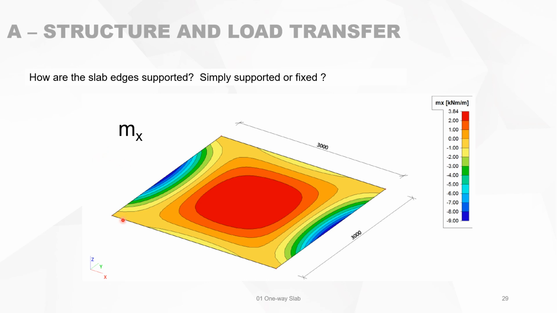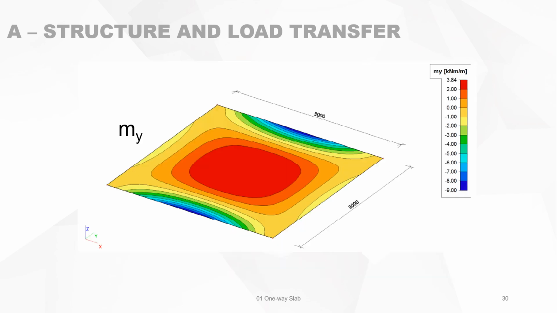Let's take another example. Mx has a moment distribution like it is mentioned here. You will see this is a hogging bending moment, and this is a sagging bending moment. So you will see there's no bending moment on this and this side. If you take my, it's just the opposite.